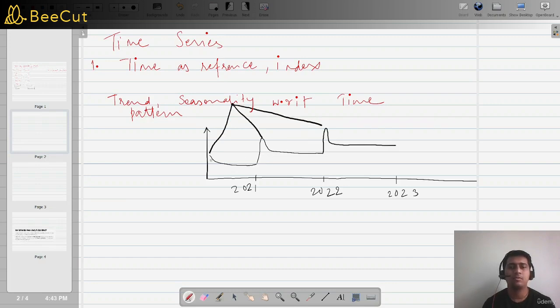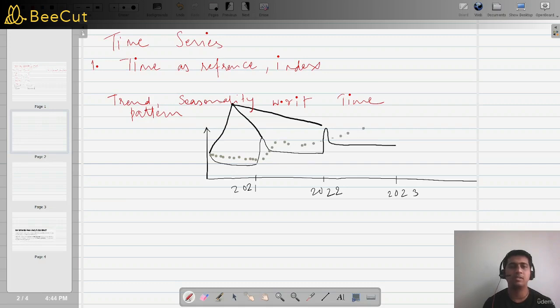And if you want to plot the trend, taking this as the initial point, the trend is going down, then suddenly it's up here. So you have a certain trend in the base data.